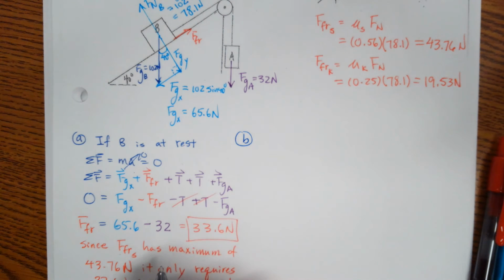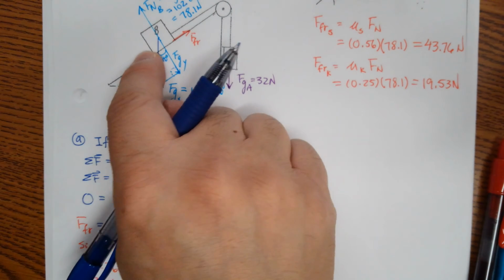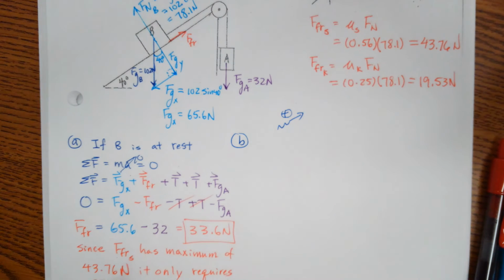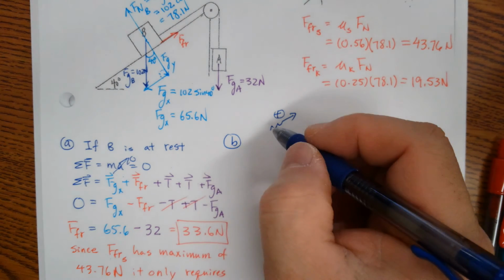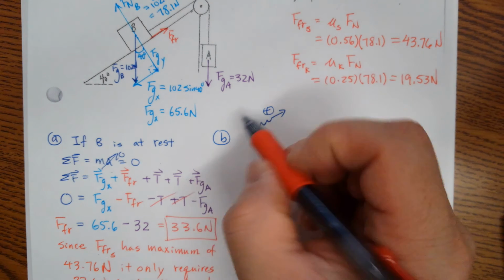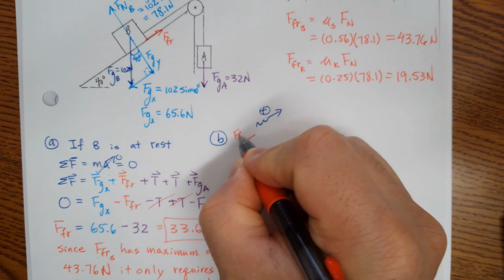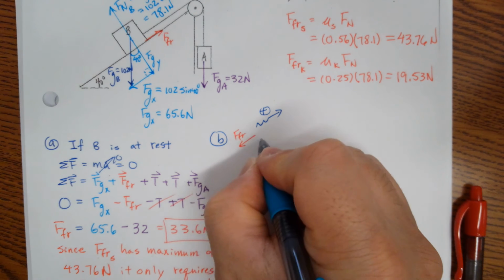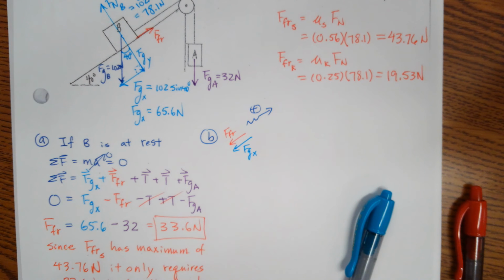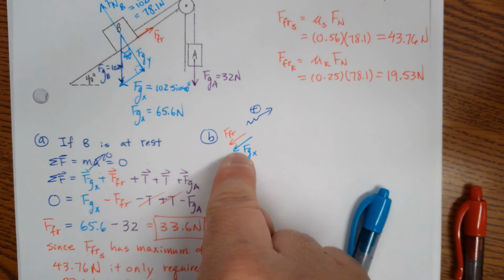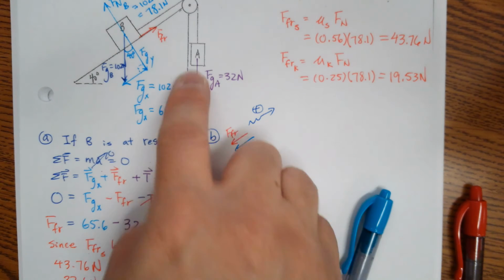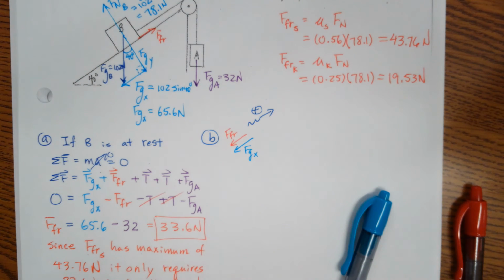So for part B, because the direction of motion is up, this direction is positive. My Fg is negative, and my friction will go in the opposite direction of motion, so my friction is down the incline, and my FGX is still going to be down. Then we have tension, and FGA is going to be positive this time.